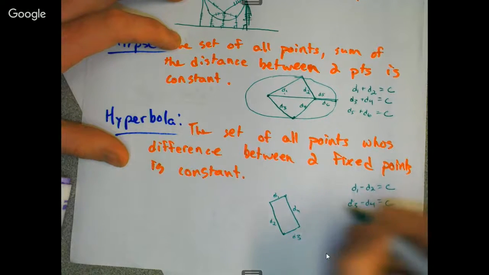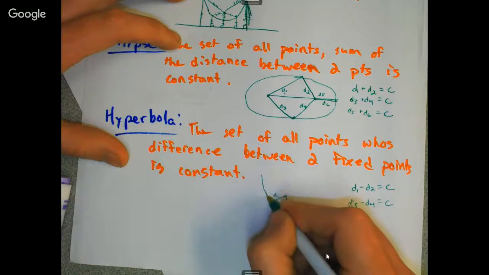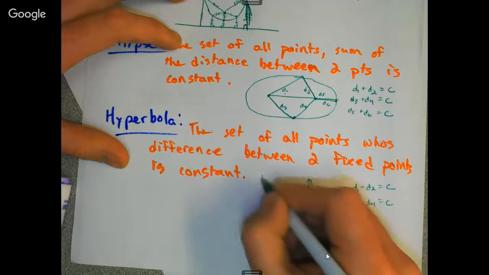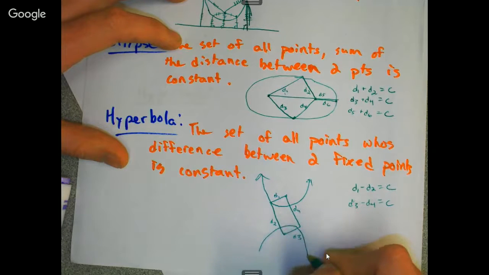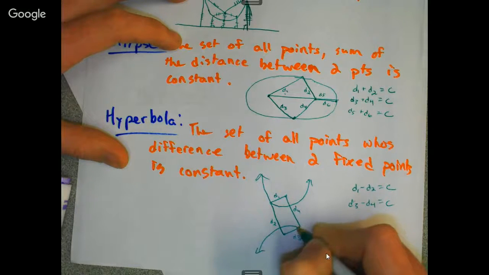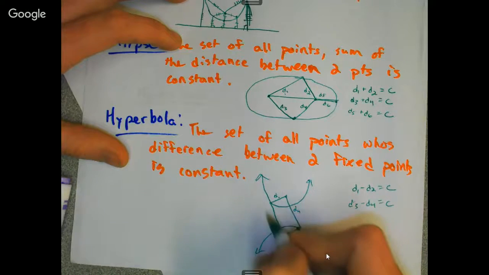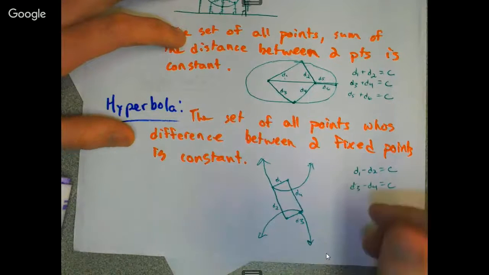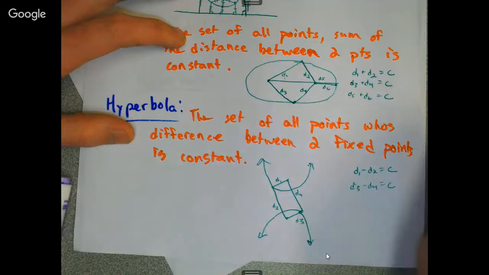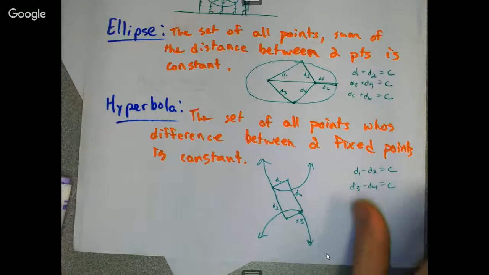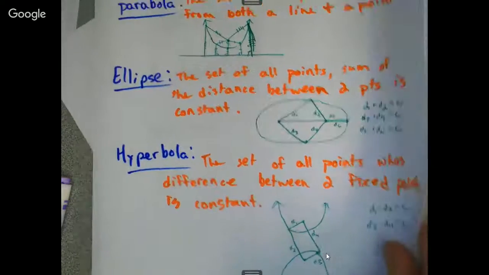It's a constant, and it will end up looking like this. If I keep doing this a bunch of times, it will end up being two parabolas, or what we call a hyperbola. I definitely need to do a lot more test points, but you get the basic idea.